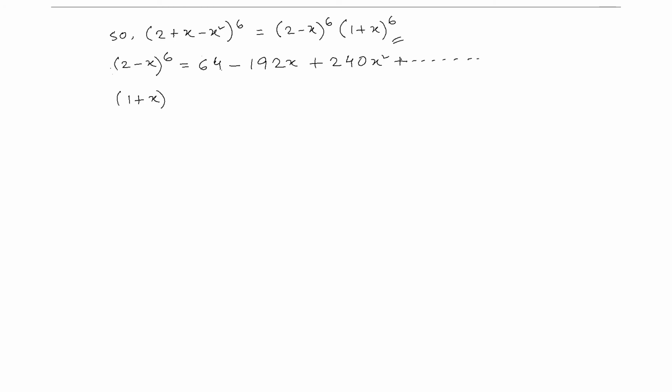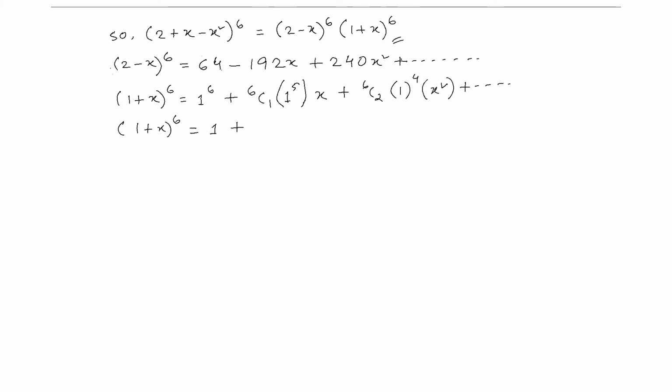Then (1 + x)^6 can be written as 1^6 plus 6C1 times 1^5 times x, which is x, plus 6C2 times 1^4 times x squared, plus dot dot dot. So now let's simplify this. (1 + x)^6 can be 1 + 6x + 6C2 is 15, so 15x².